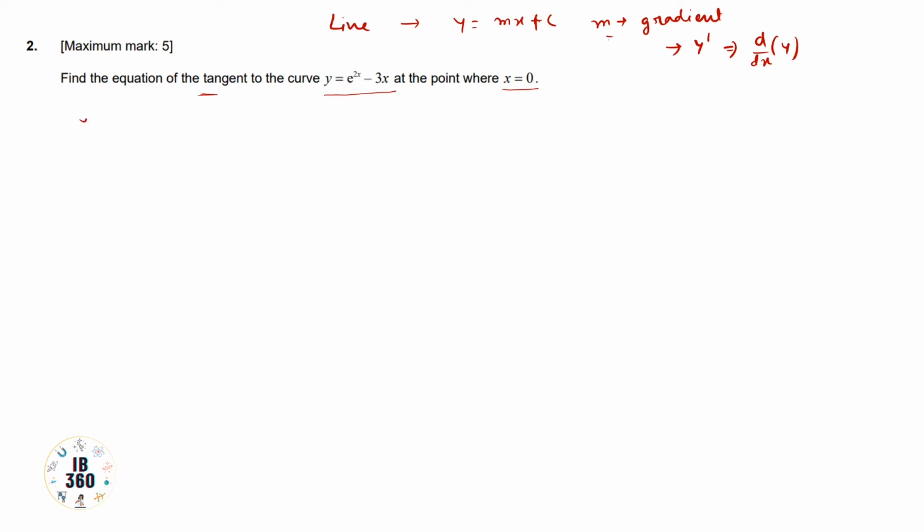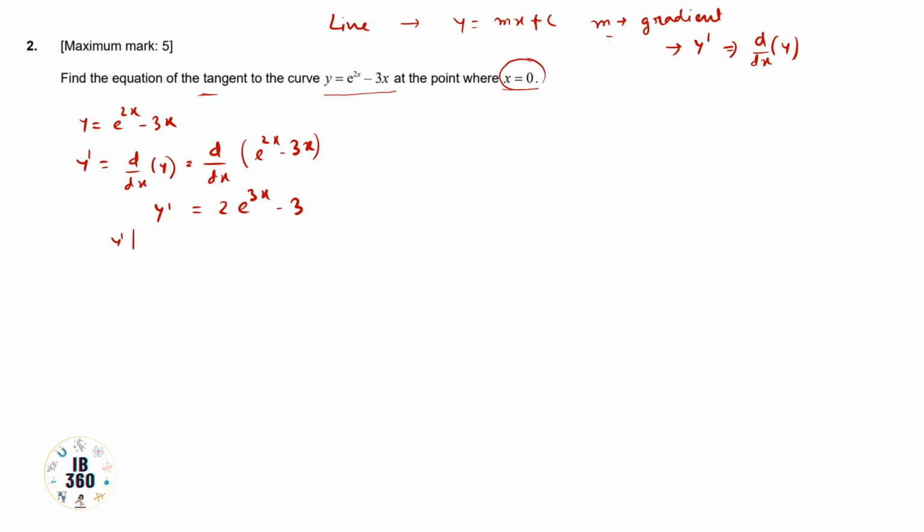So y equals e to the power 2x minus 3x. So y dash equals d/dx of y equals d/dx of e to the power 2x minus 3x. From here we are getting 2e to the power 2x minus 3, that is y dash. Now at x equals 0 we need to find the gradient.